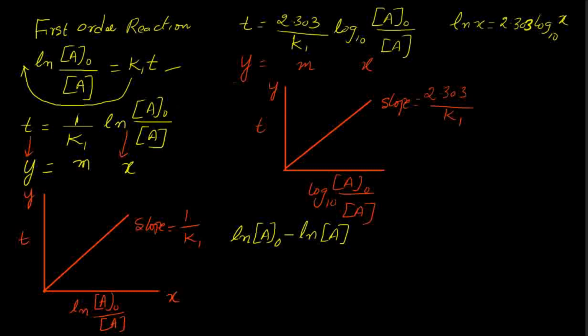So based on this relation, ln a naught minus ln a equals k1t.